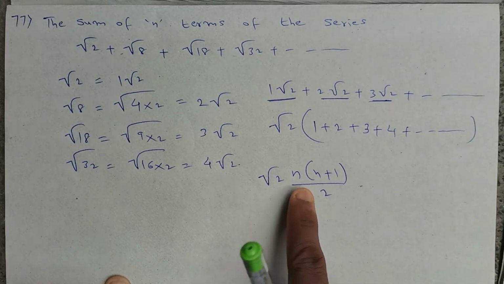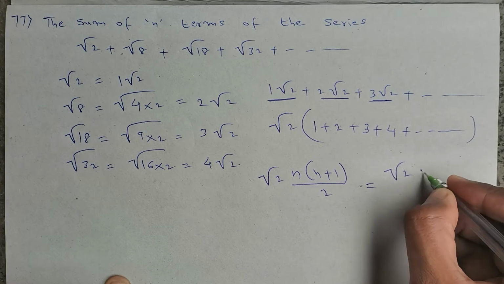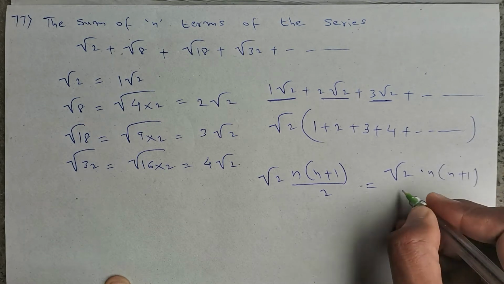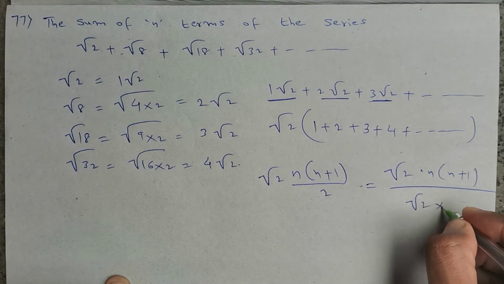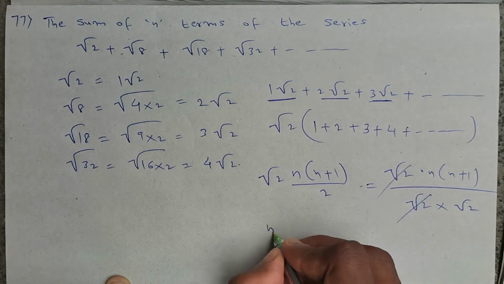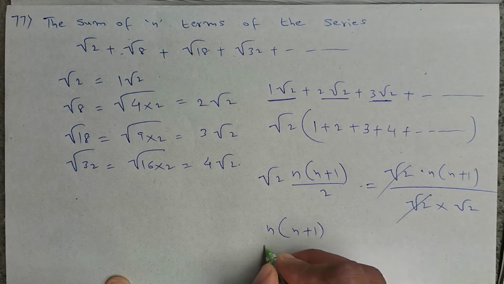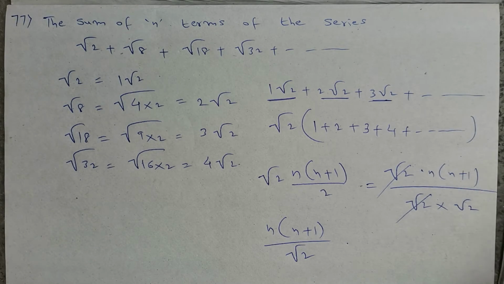So root 2 into n plus 1 by 2. Root 2 into n plus 1 divided by 2 can be written as root 2 into root 2. Here root 2 both will get cancelled, so we remain with n into n plus 1 divided by root 2.